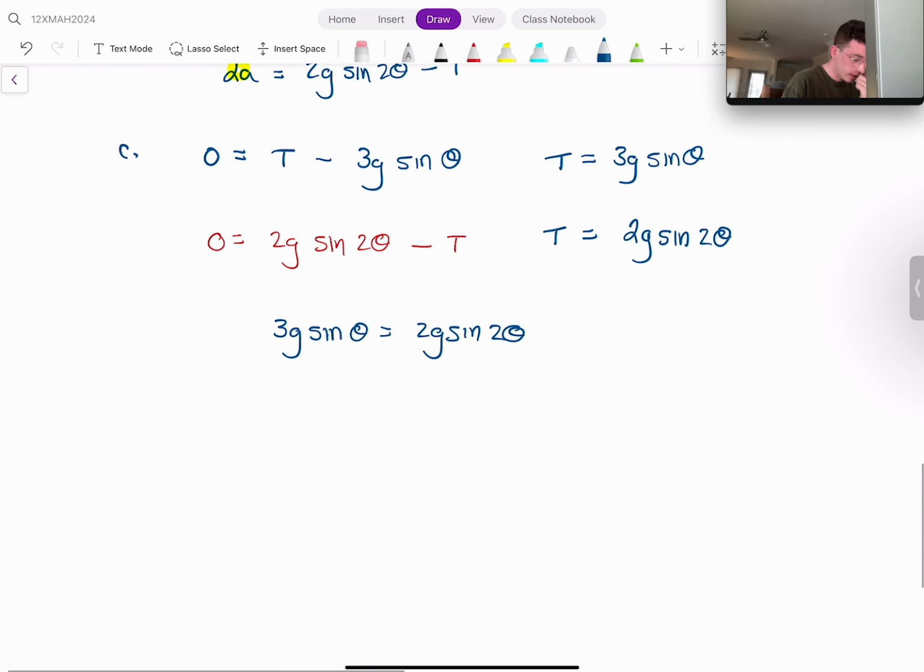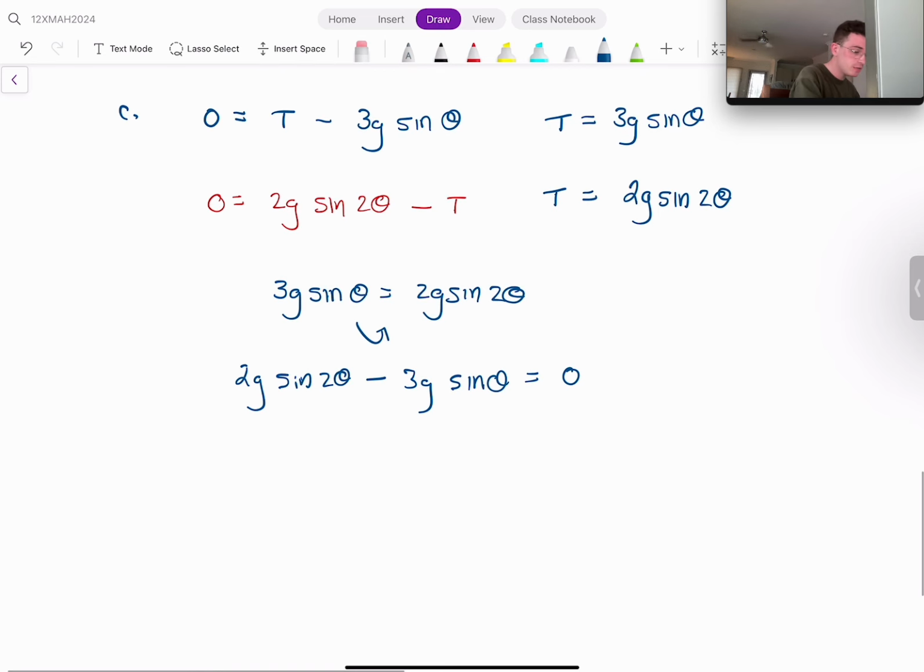Now we're trying to find the value of cos theta here, so we might say 2g sine 2 theta minus 3g sine theta, so I'm subtracting this over to the other side. I don't think it would matter if you subtracted the other one over to the other side, it means the same thing. And that's equal to 0 now.